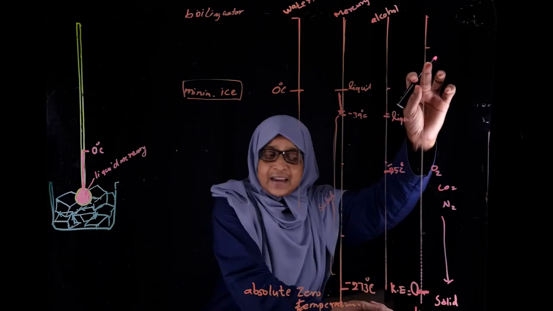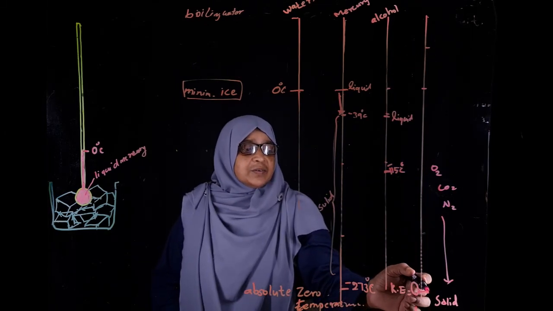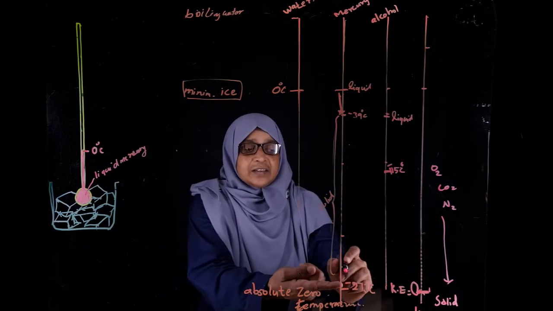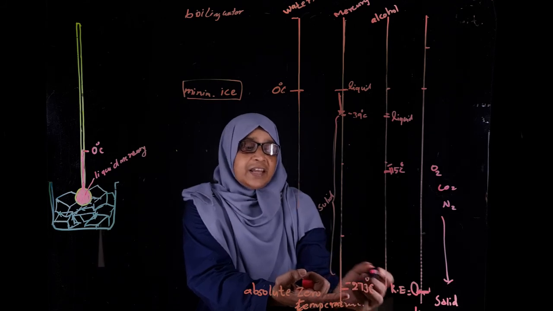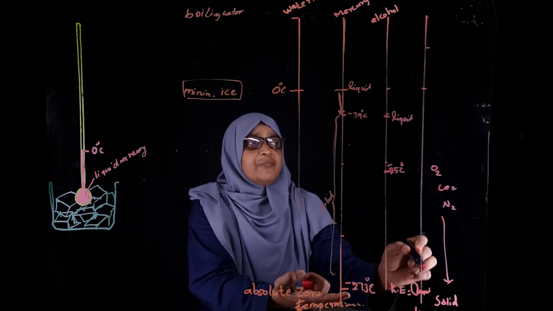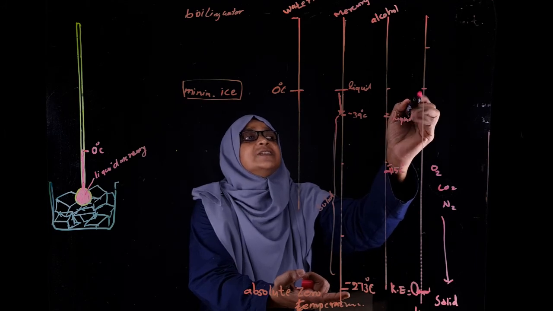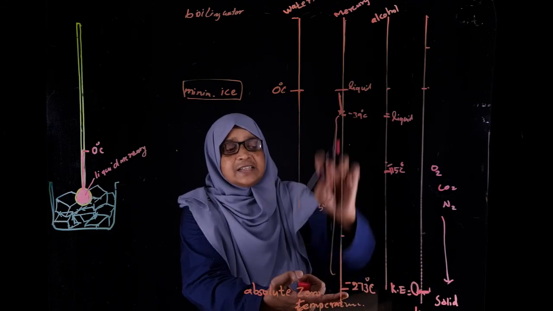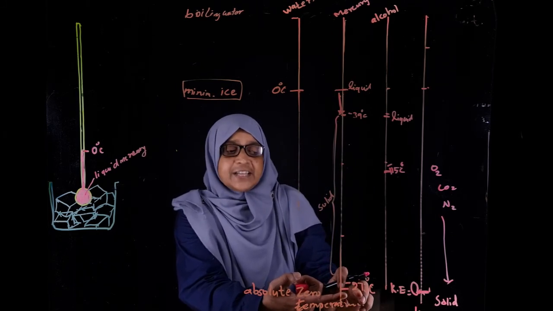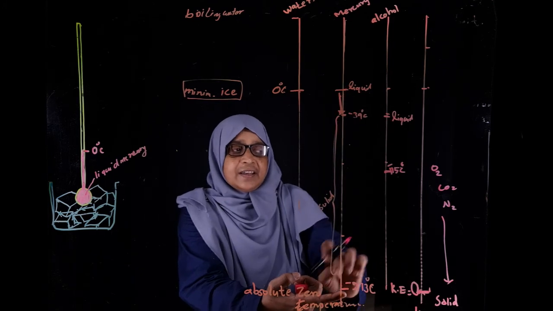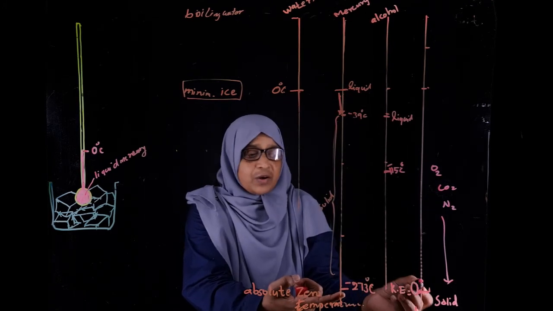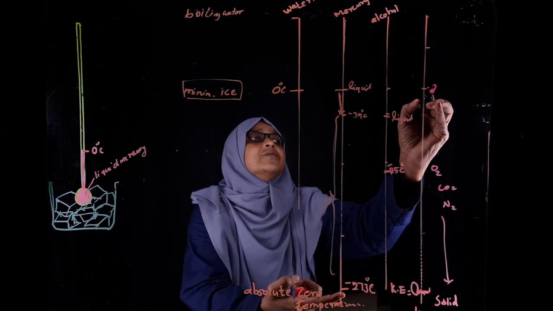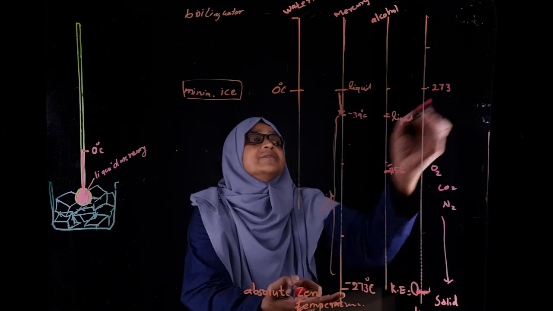In the Kelvin scale, the temperature starts to increase upward. In the Celsius scale, this point is marked downward as minus 273. In the Kelvin scale, from the 0 upward, it is measured 273 Kelvin.